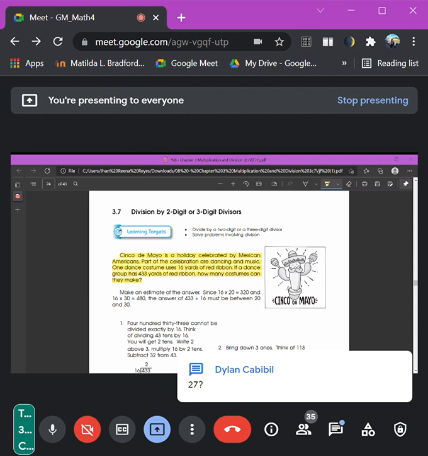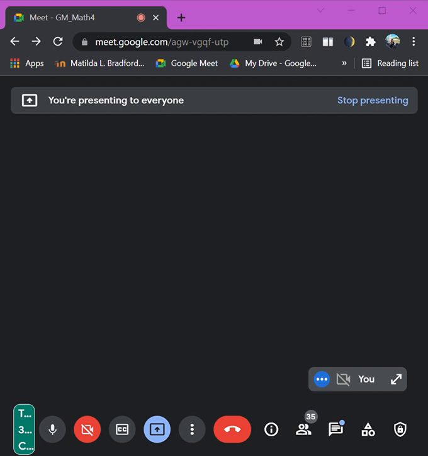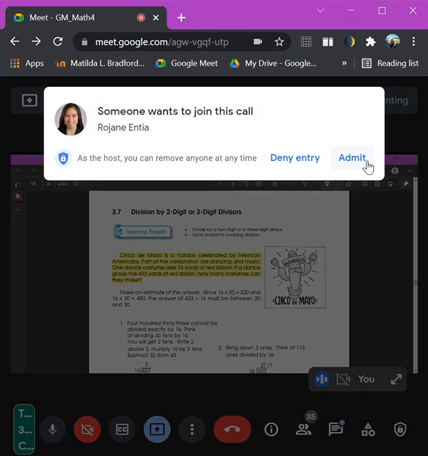I'm asking first for what operation? Is it addition, subtraction, multiplication, division? Division. Okay, division, very good. Since we are talking division, sa atong title palang daan. So we are going to use division in order for us to know how many costumes can they make.